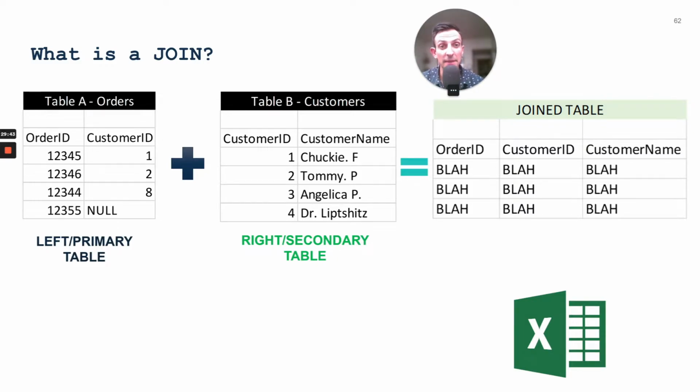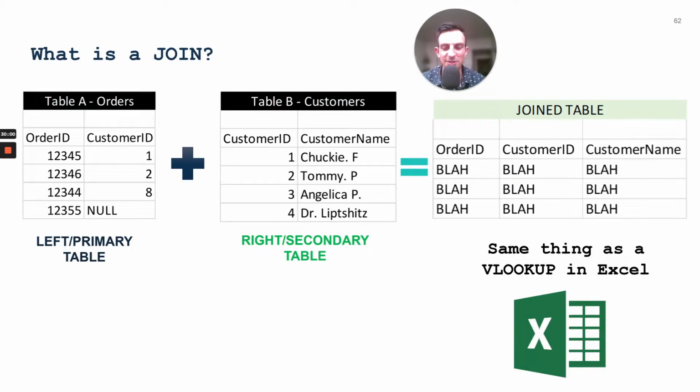You'd have this like mega table. In Excel, we call joining tables a VLOOKUP. So if you've done a VLOOKUP in Excel, it's the same concept as a join. You need 2 tables of data that share one column in common, and there's a special note in SQL, which is the column in common must be the same data type. Data types coming back. I'm always going to bring data types back.